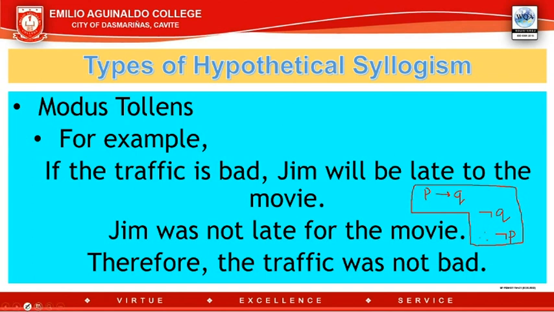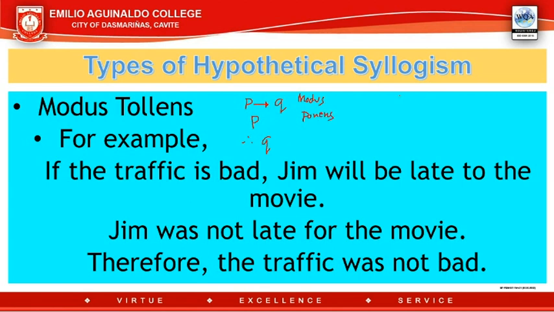Okay, let us differentiate modus tollens from modus ponens. When we say modus ponens, okay, this is all about P implied Q. P happened, therefore Q. Okay, so this is modus ponens.